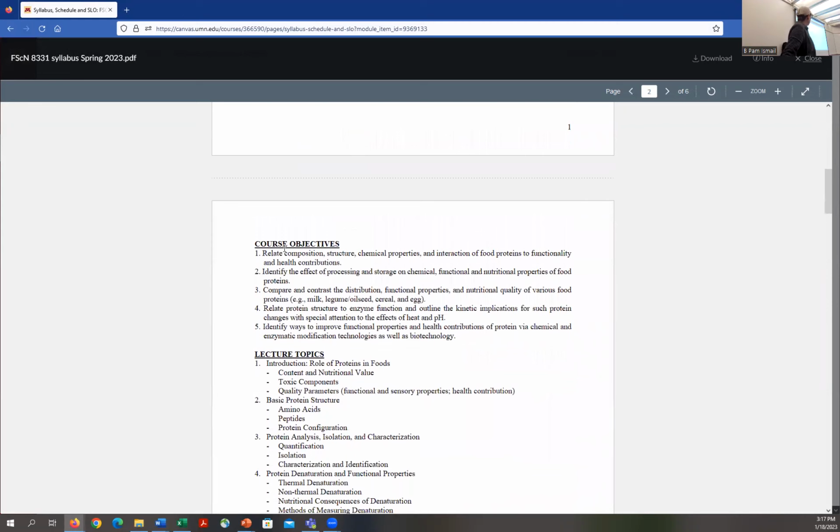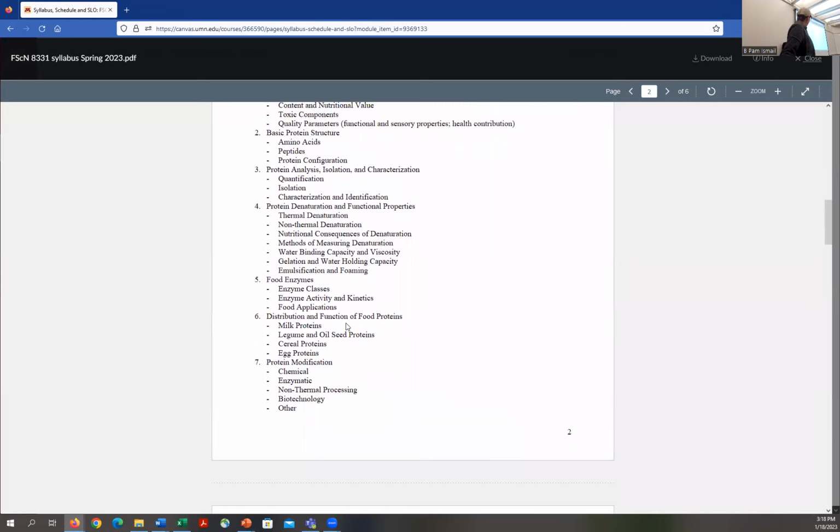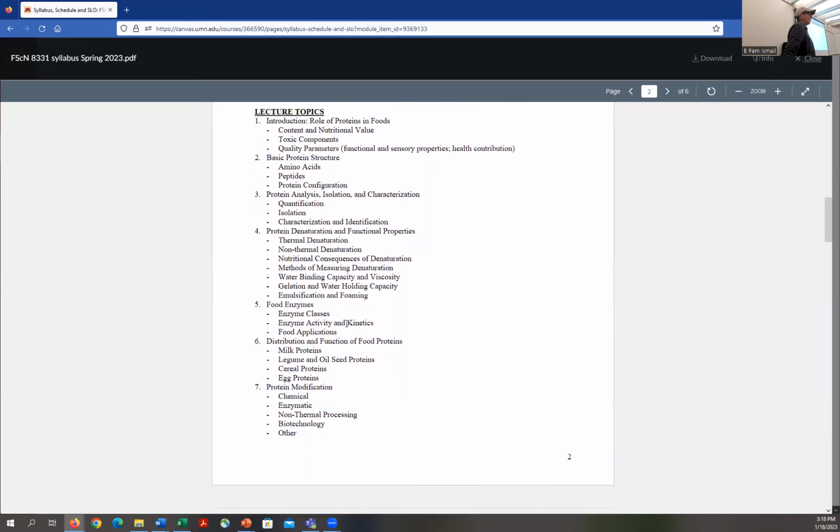Here you see our course objectives and the different topics I'm going to cover, and it's going to be like building a puzzle piece by piece. I'm going to start from the very beginning with very basic information that all of you know about proteins, starting from amino acids, but I'm going to put it in perspective and build upon it as we go in the class. We're going to start very, very basic, almost a refresher of information that you've taken in food chem or organic chem or somewhere in life.